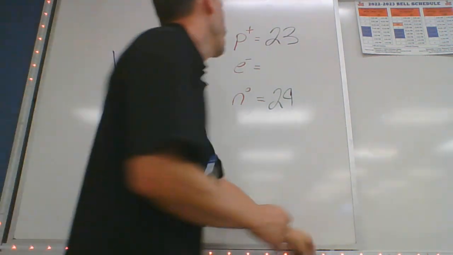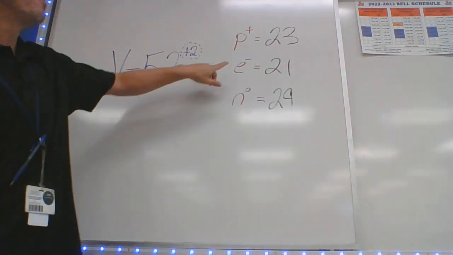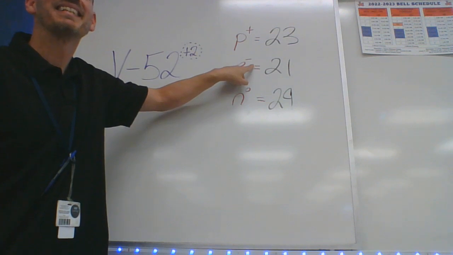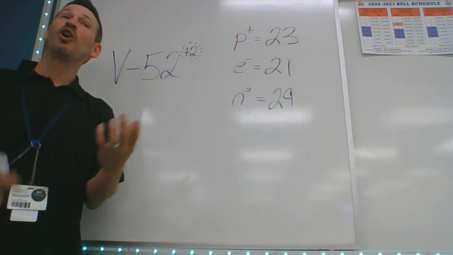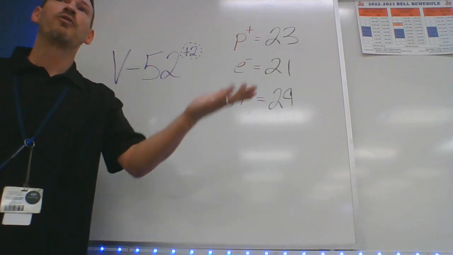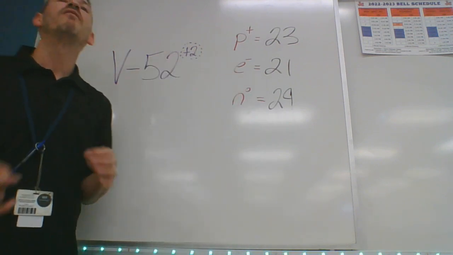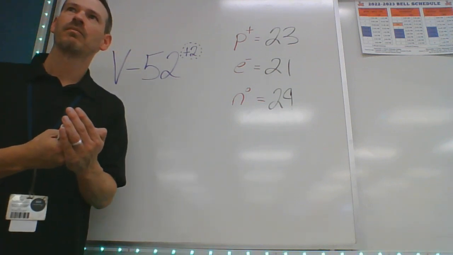So the answer must be 21 because there are 2 more pluses than minuses, making it positive 2. This is called an ion. You already wrote that down. Don't worry. It's in the opening table on what happens if the electrons are not equal to the protons.